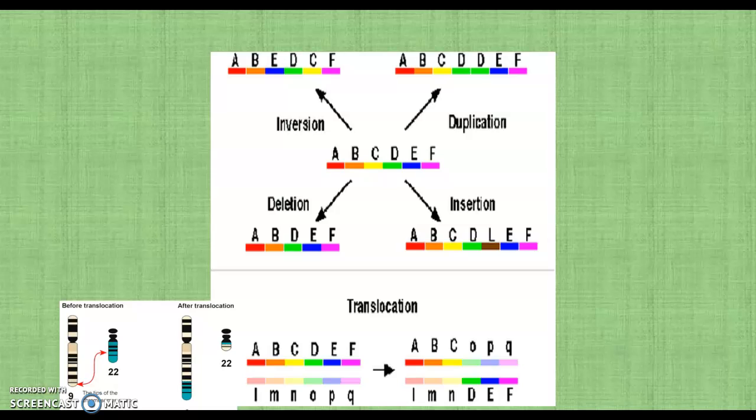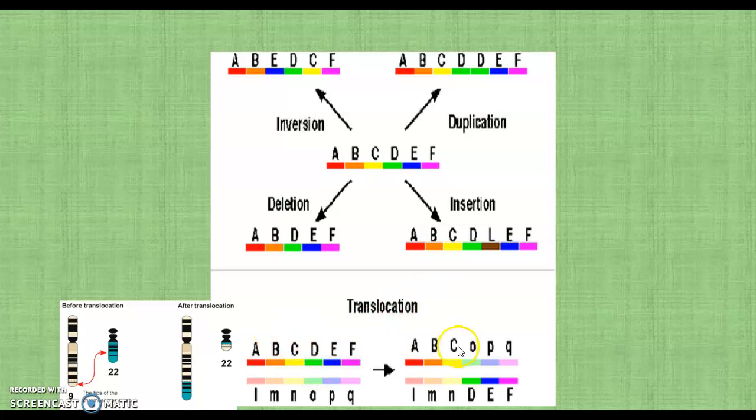So there's several different types of chromosomal mutations, and they sound very similar to what we just saw with the nitrogen base situations. Inversion is flipped, duplication is additional parts of a chromosome, deletion is parts left out, insertion is extra parts in there.